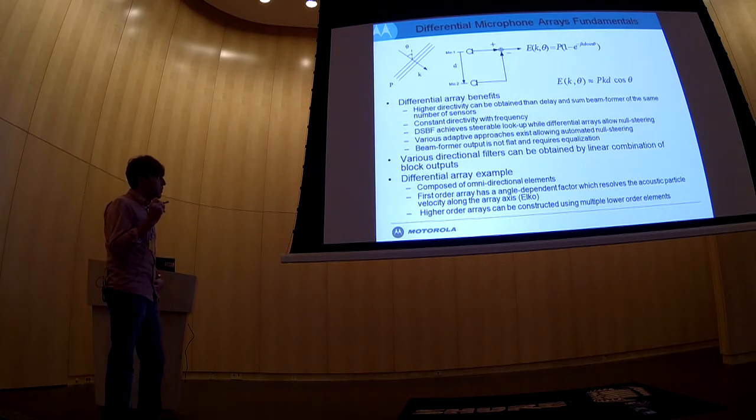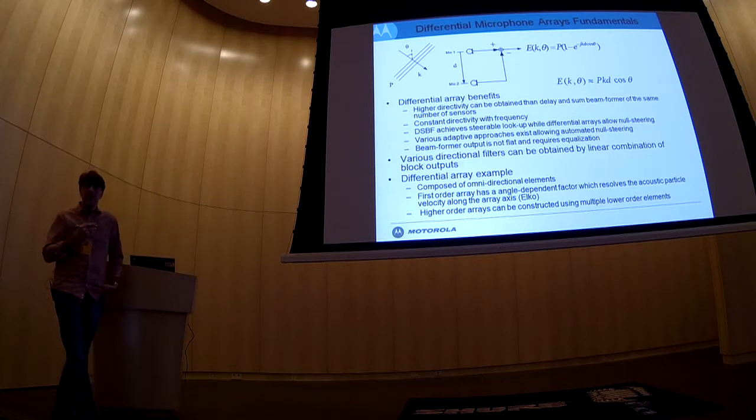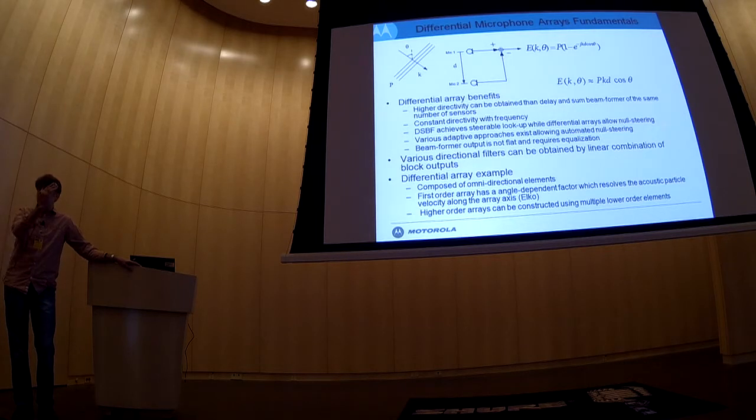Another important difference compared to the delay and sum beamformer is that the delay and sum beamformer steers the direction of maximum sensitivity in some desired direction, while the differential array operates differently. It steers the null, or that is the direction of minimum sensitivity, in a desired direction.